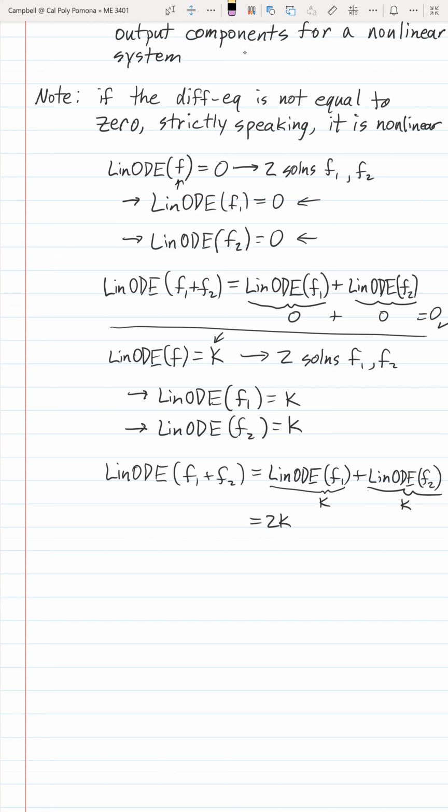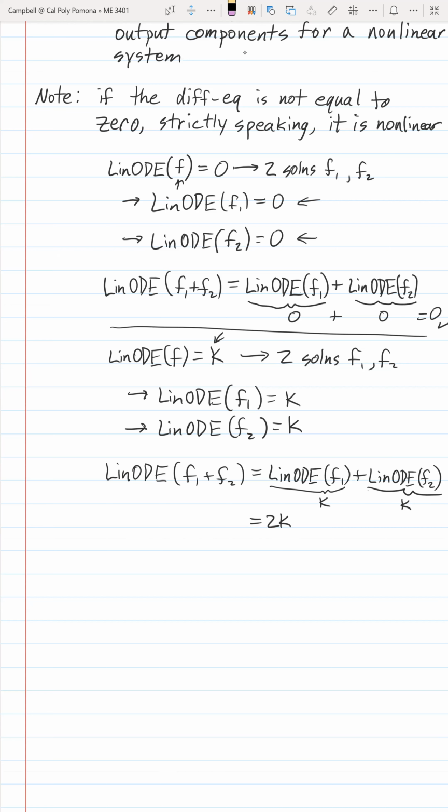And so what we can do is we can find solutions for the homogeneous case where it's set equal to 0. And then for those homogeneous solutions, we can substitute those back into the differential equation, as it turns out, and everything works out just fine. We can substitute in the individual solutions, we can substitute in the sum of the solutions, and we can even substitute in sums of those homogeneous solutions scaled by whatever scalar we want, as it turns out.